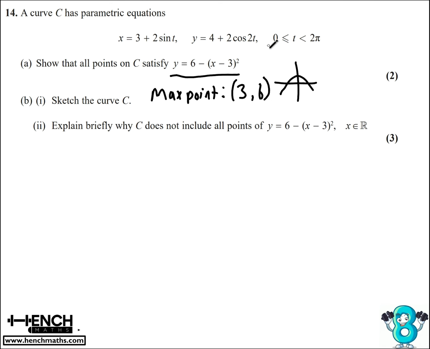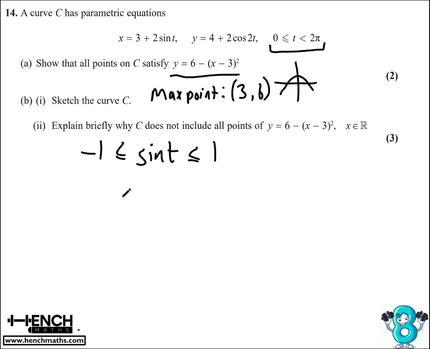We also need to consider the fact that it's a parametric equation. So because t goes from 0 to 2 pi, this is a full cycle of sine and cos. So if we consider sine t, it will go between 1 and negative 1 in a full cycle.